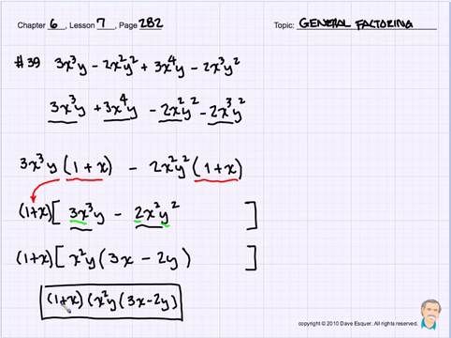So when we did that, we factored out that x squared y, and we finish up with 1 plus x as a factor, x squared y as a factor, and 3x minus 2y. So there's our answer for number 39.